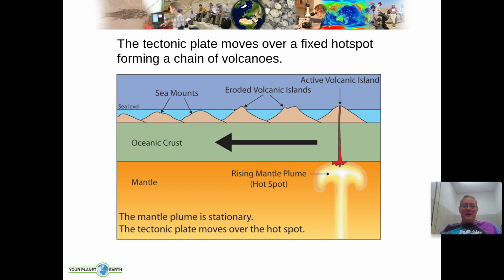Then you get the volcanoes forming, and eventually the old ones get worn down, and there's just a constant renewal of the volcanic islands. Notice that the hotspot is stationary. It's the oceanic crust which is moving very slowly over time.